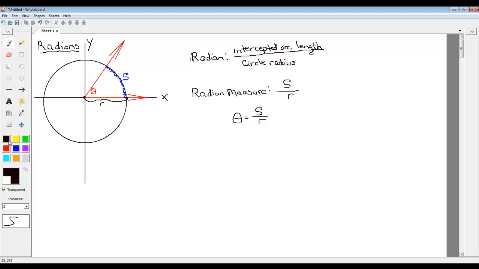Now let me draw a little circle here and draw some axes real quick. Let's say you have a circle here with radius r. Let me draw an angle real quick too.